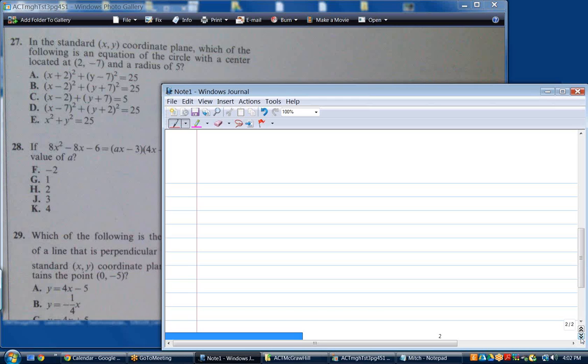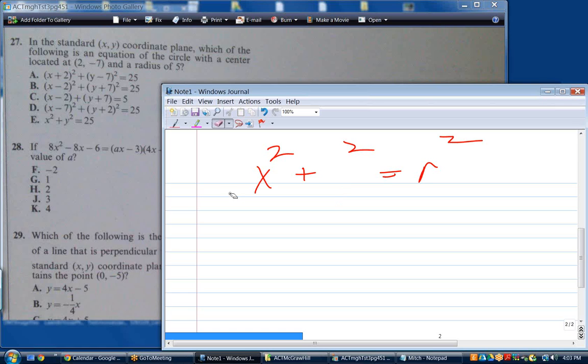Tell me the general equation for a circle. If its center was at the origin, then that's the equation.